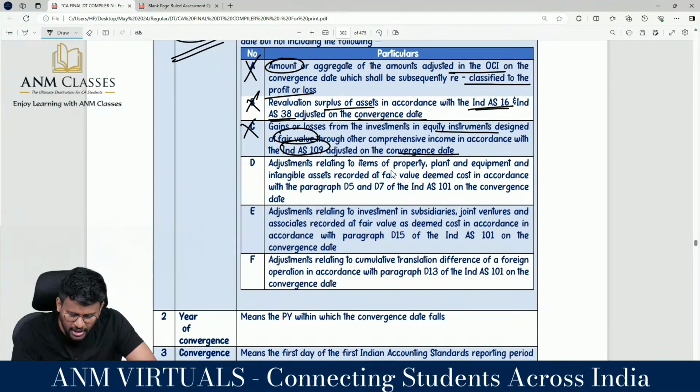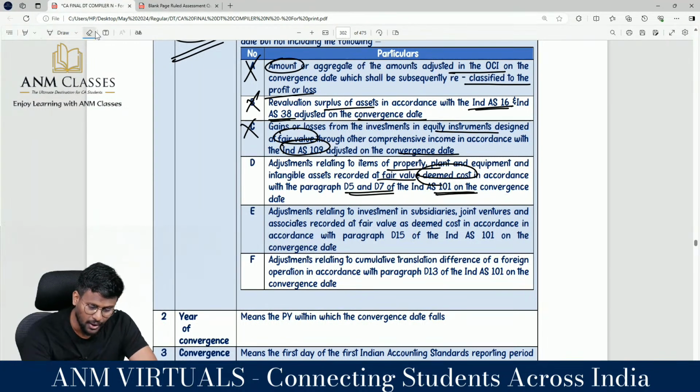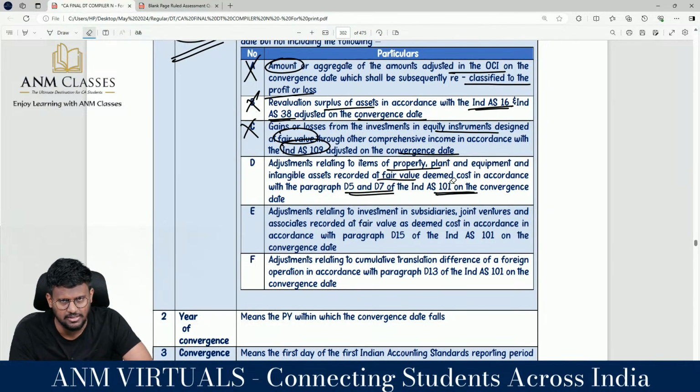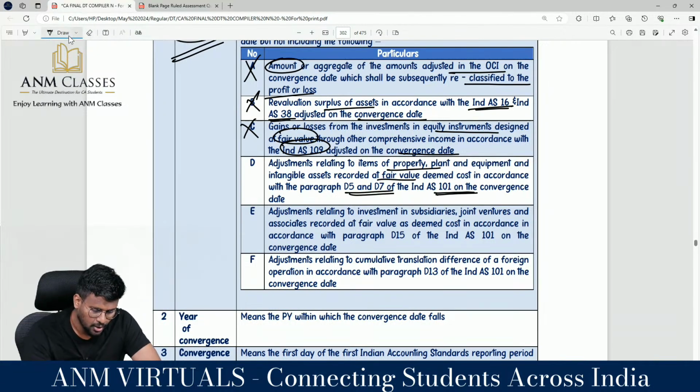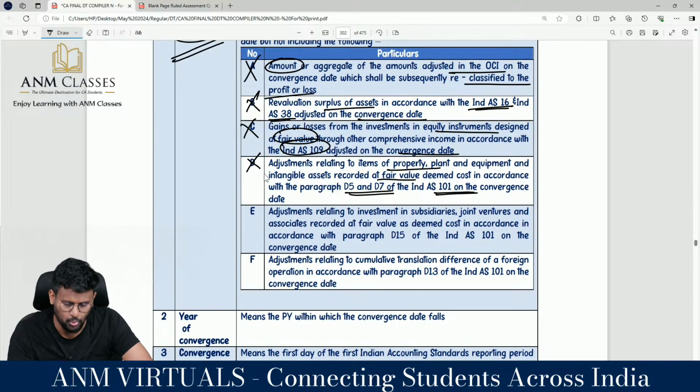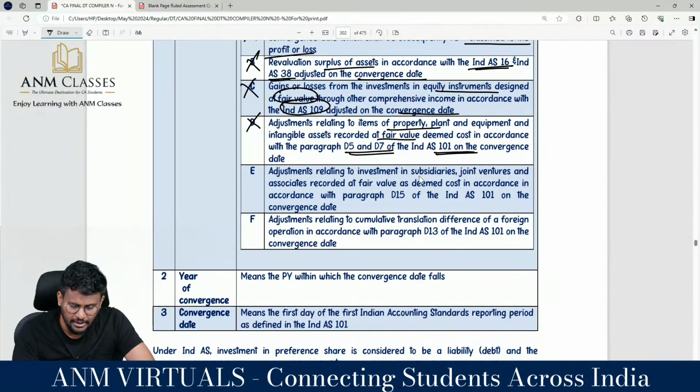Adjustment relating to item of PPE and intangible asset recorded at fair value as deemed cost in accordance with the para D5, D7 of Ind AS 101 on the convergence date. If you are treating it as deemed cost, it will not form part of transitional amount. Adjustment relating to investment in subsidiary, joint venture, associate recorded at fair value as deemed cost in accordance with the para D15 of Ind AS 101 on the convergence date.